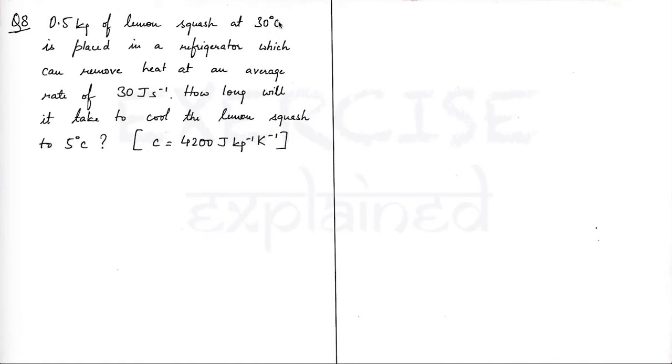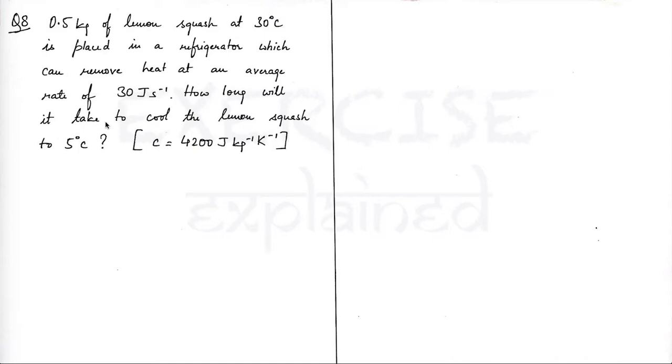Removing heat at a rate means power, because the unit is joule per second, which is work done divided by time, which is power. So we can consider this as power, that is 30 watts.